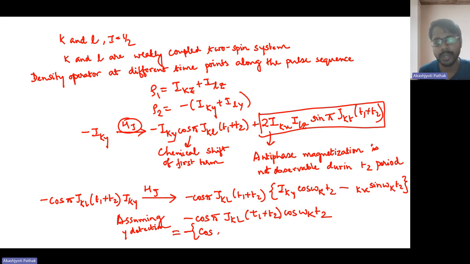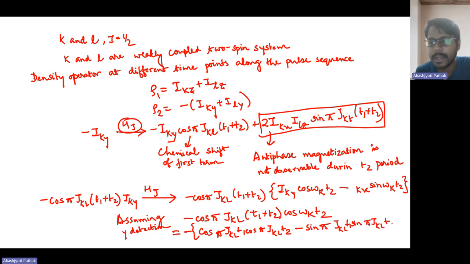Now further we can write it in this form: cos pi J K L T1 cos pi J K L T2 minus sin pi J K L T1 sin pi J K L T2. So basically we are just expanding this one only. So finally we get this, cos omega K T2. Okay.